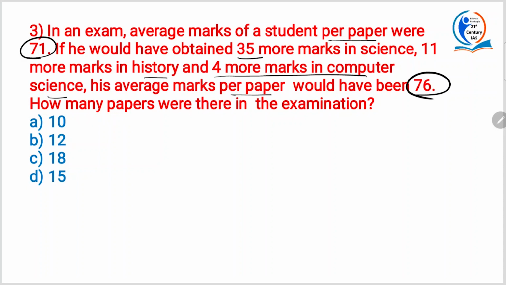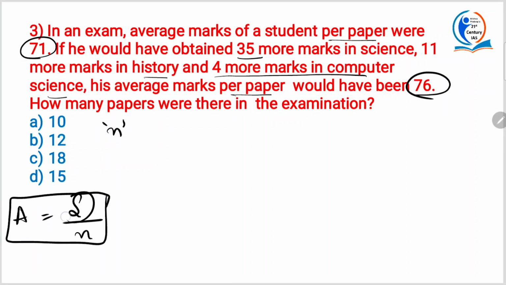So we do not know how many papers there are, so let the number of papers be n. Now we know that average is equal to sum by the number. Now here what is the sum? The sum is about marks, sum as an addition. So average is 71. This is the old one.